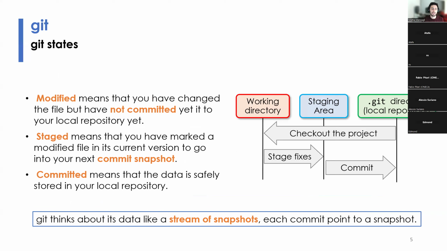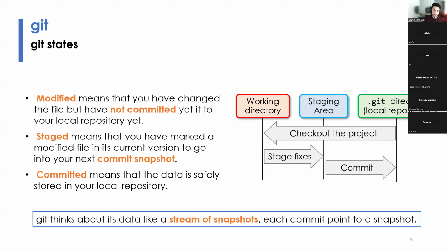So let's see in which states Git files can be. Let's remember that you have your working directory, then your staging area, which we will understand right now, and then you have your Git repo directory that contains the local repository's files. A file that is already inside your repository can be modified. This means just that Git sees that the file has changed with respect to the last commit that you have done, the last snapshot of your code. Once the file is modified, you can stage this file.